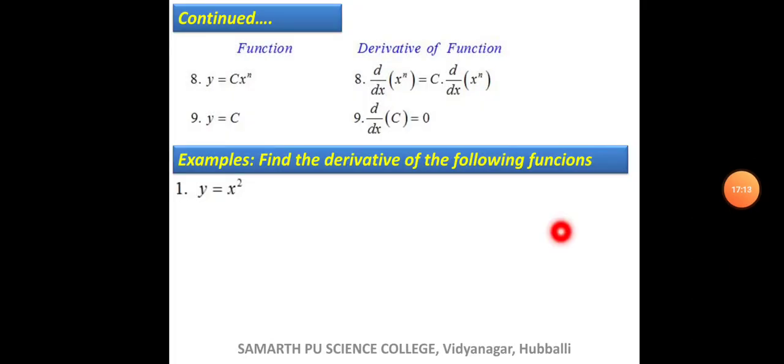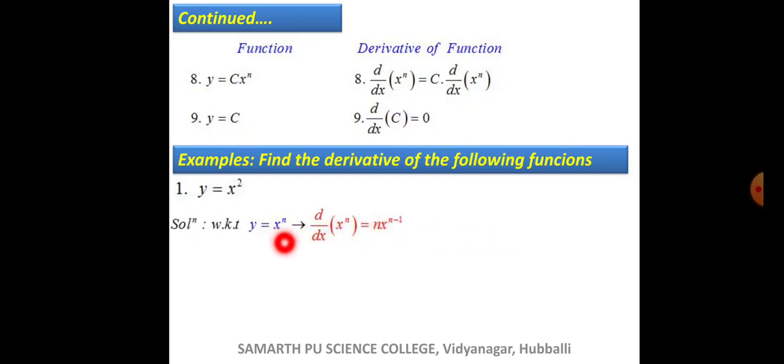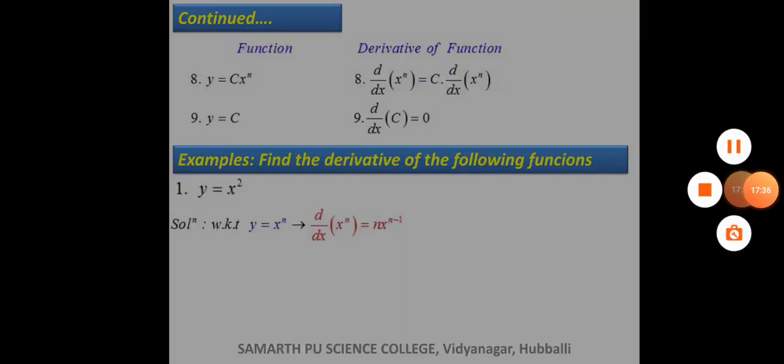Consider one example. Find the derivative of the following function. Here y equal to x square is a function, and we know that if y equal to x to the power n is a function, then the derivative of this function is d by dx of x to the power n equal to n into x to the power n minus 1.